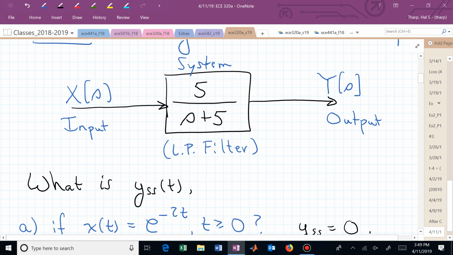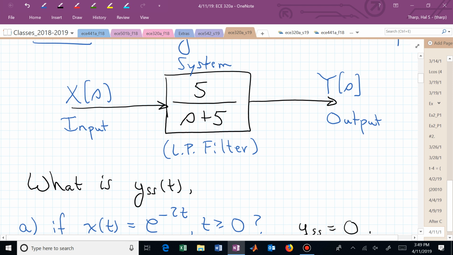How does a low-pass filter behave at DC in this particular case, for this filter? How do you find that? How does this system behave when s is equal to 0? It's 5/5, isn't it? Which is 1.